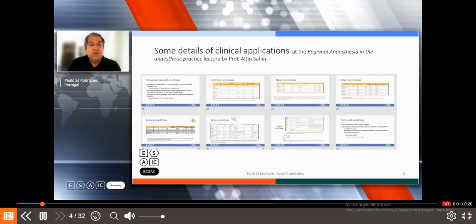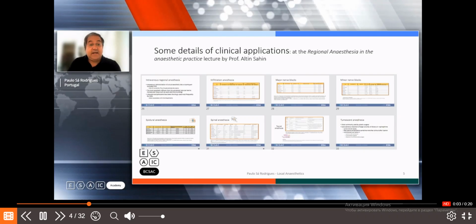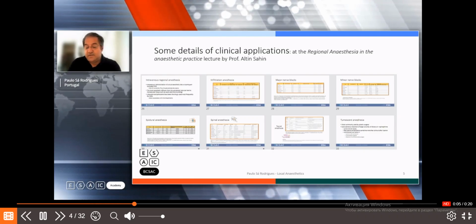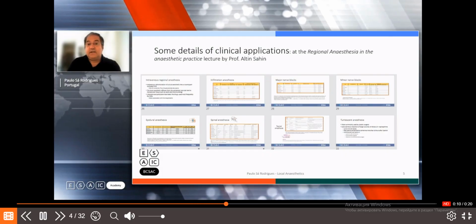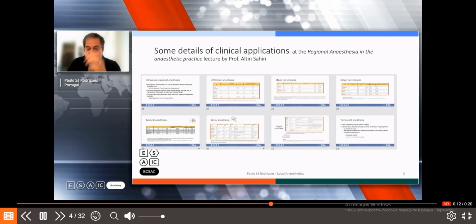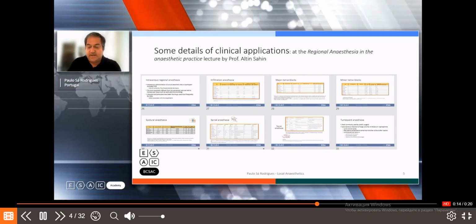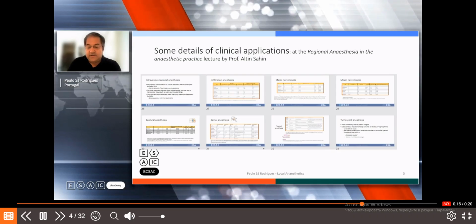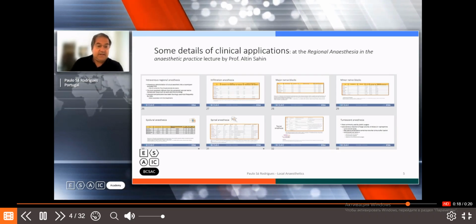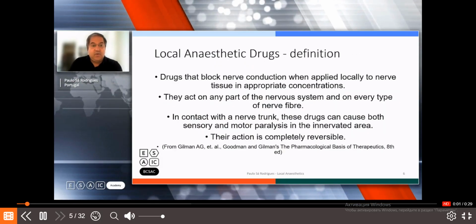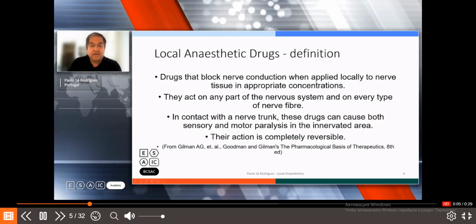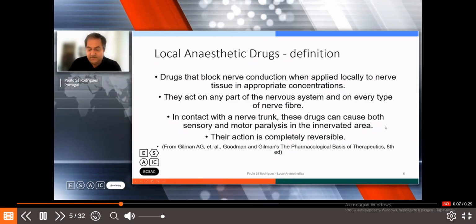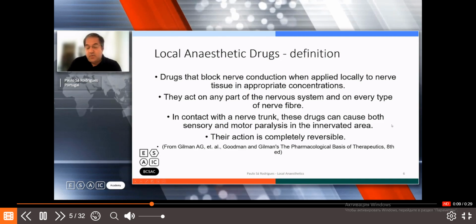And also, we won't have time to detail clinical applications. It will be addressed by Professor Altensheim in his lecture regarding regional anesthesia in anesthetic practice, which will be next week.